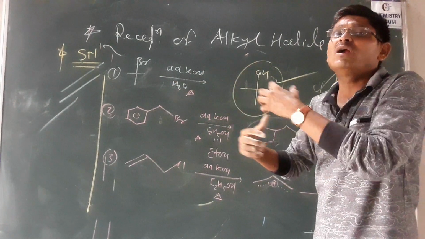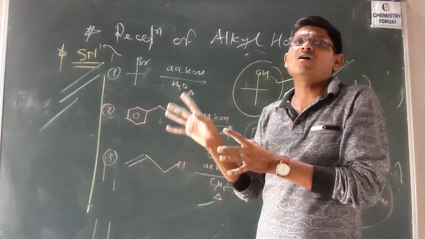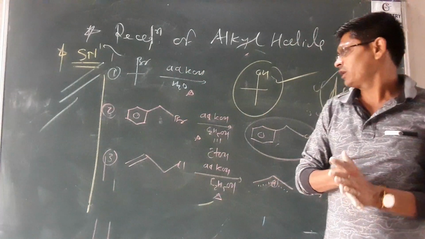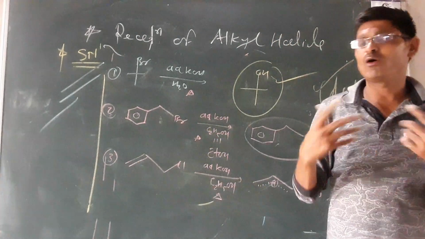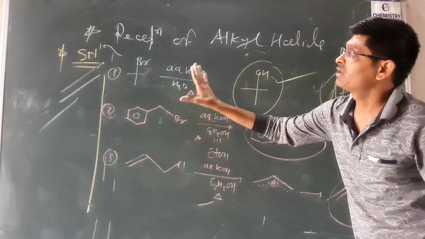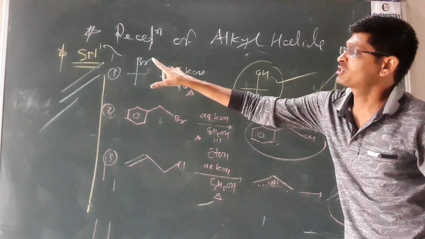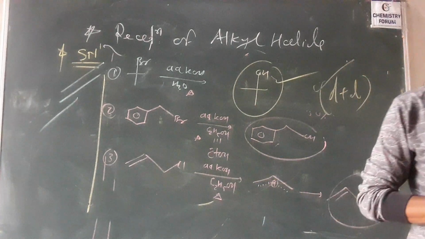That is Walden inversion, which takes place in the SN2 type of reaction. We will discuss SN2 later, and I hope you clearly understand the SN1 type of reaction, the unimolecular substitution reaction. We discussed it. Okay, goodbye.